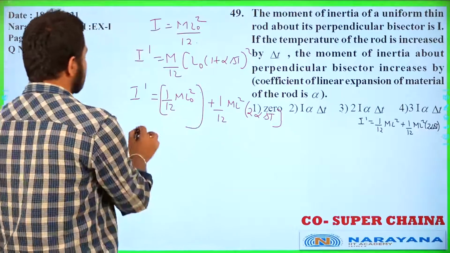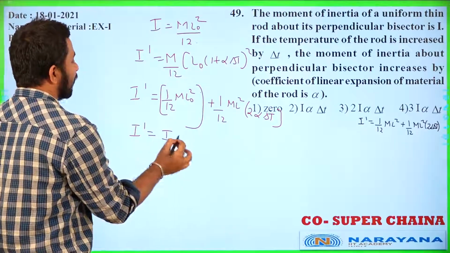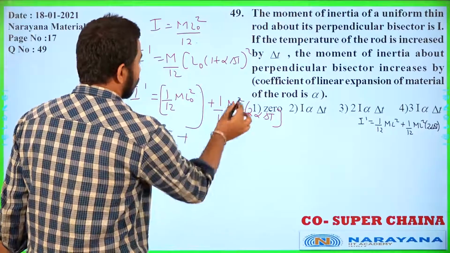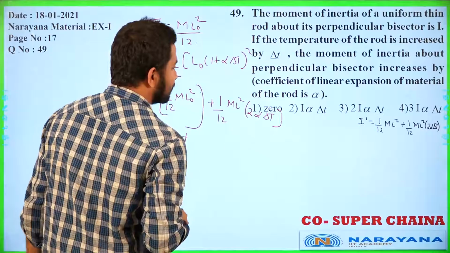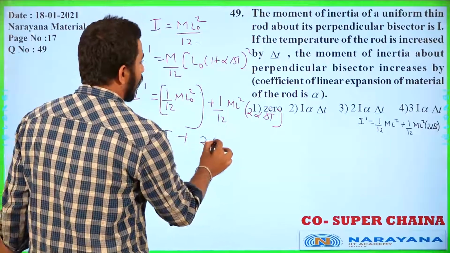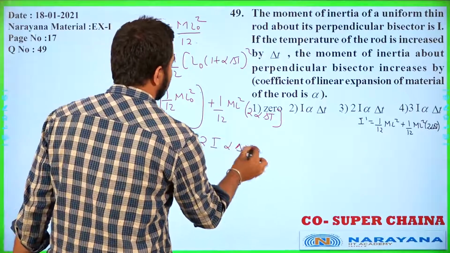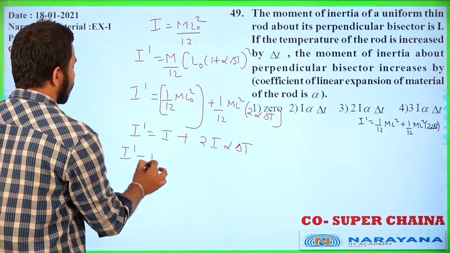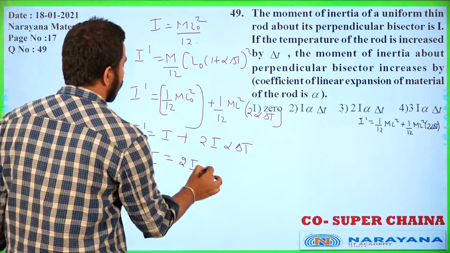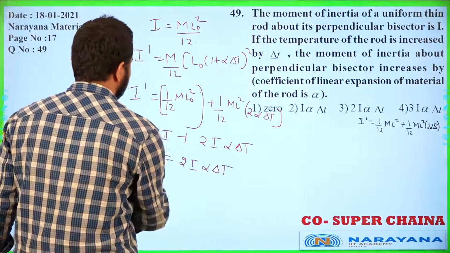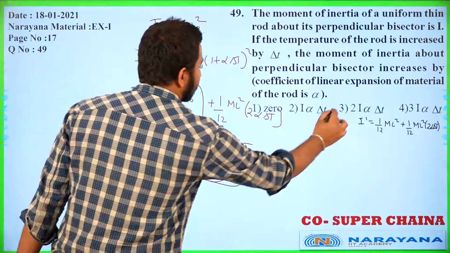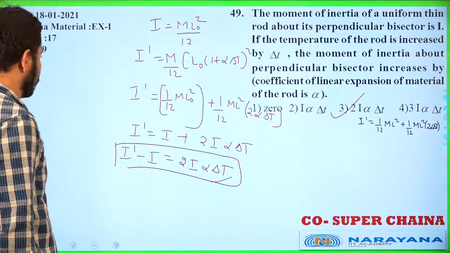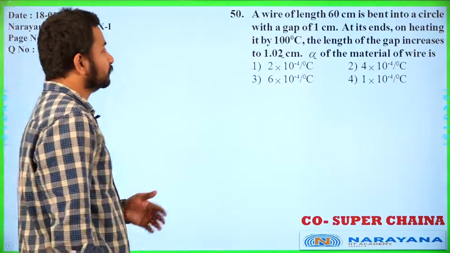So this is nothing but I, and this whole thing can be written as 2I alpha delta t. So from here, I dash minus I is nothing but 2I alpha delta t. This is my required answer, and from here I can conclude that 2I alpha delta t is the correct option. So let's proceed to the next one here.